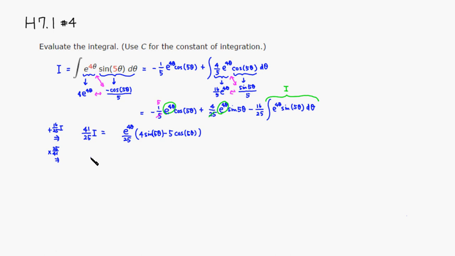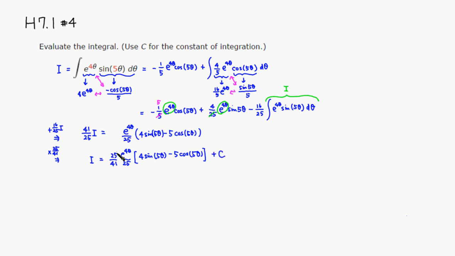So I is equal to 25 over 41 times e^(4θ) over 25, times the square bracket 4 sine of 5θ minus 5 cosine of 5θ. Since this is an indefinite integral, we want to put plus C.